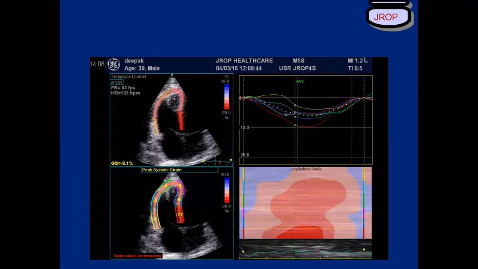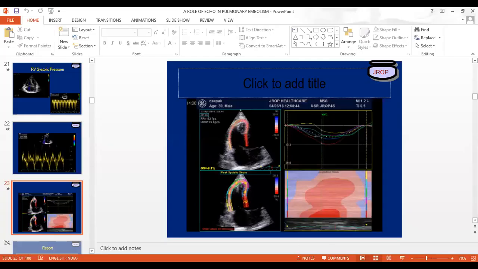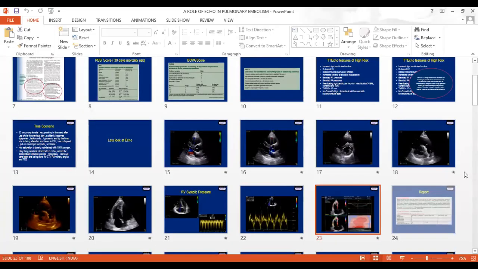Sir, my another question is regarding HOCM. If a patient comes after myomectomy, will SAM be there or not? Good question. If the patient has come after myomectomy, the SAM depends on how much myomectomy has been done. Myomectomy is a very difficult procedure, to tell you very honestly.